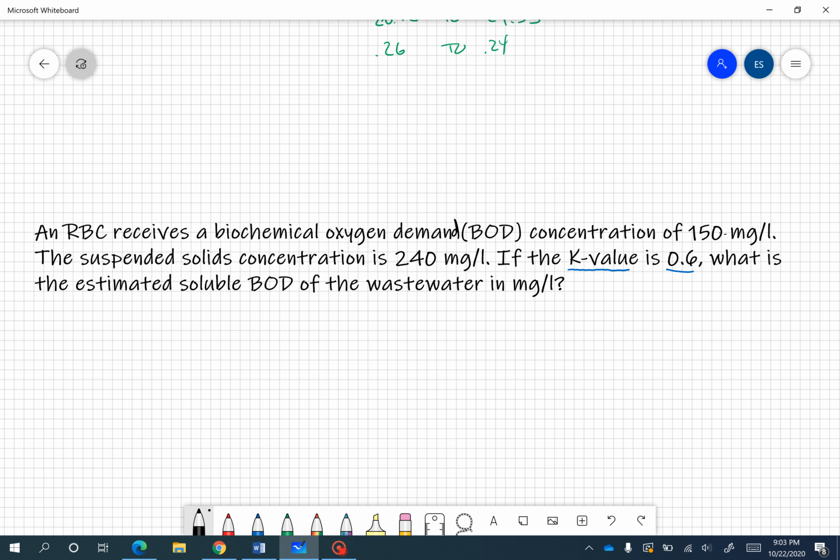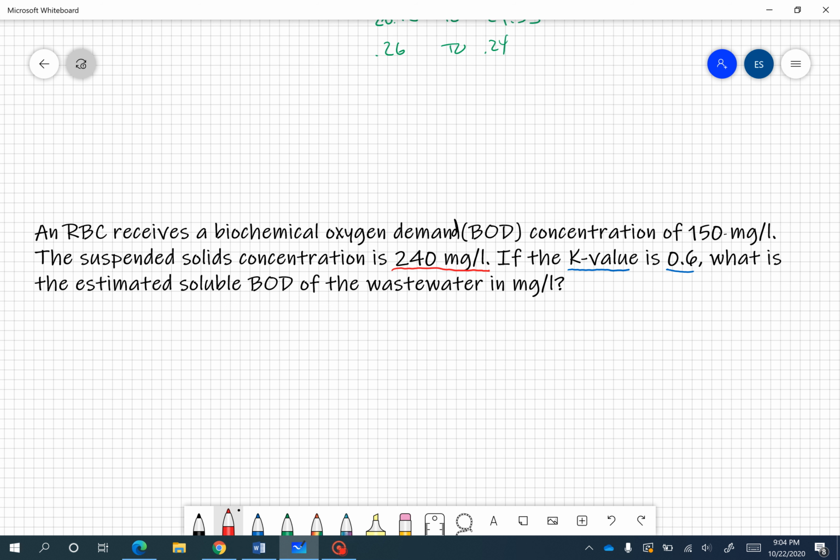Soluble basically means that it's dissolved in the water, and particulate means that BOD is present in suspended solids. So this K value helps us convert the suspended solids concentration to an estimated concentration of particulate BOD. So it's almost like a conversion factor.